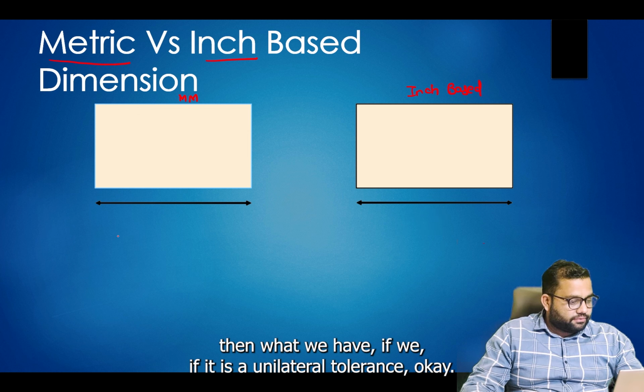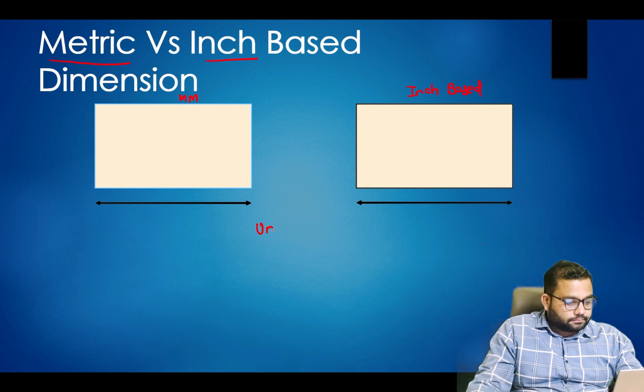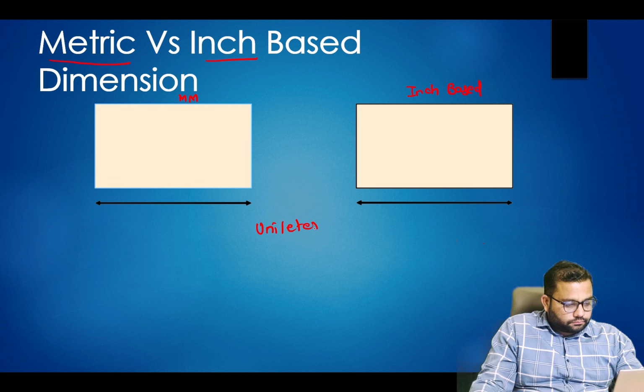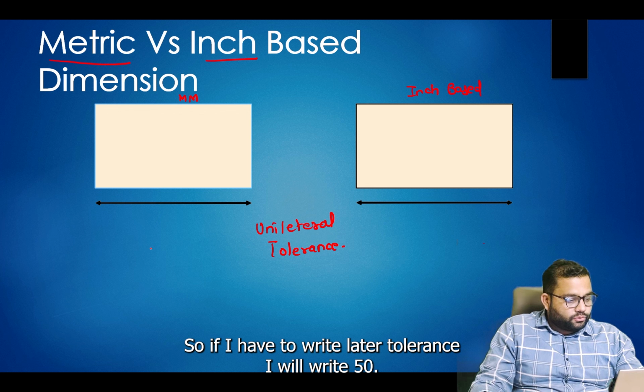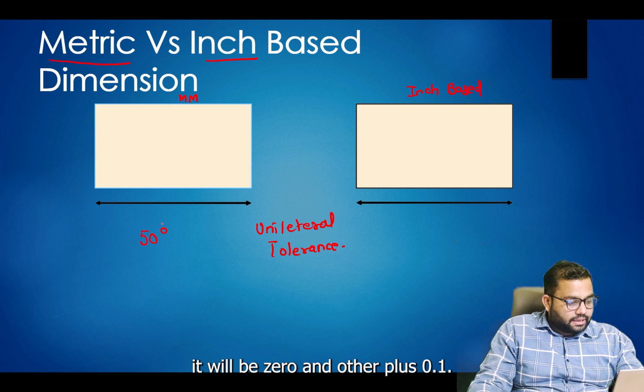Now, if we are using a unilateral tolerance, let's say unilateral tolerance. If I have to write a unilateral tolerance, I will write 50. In this case, unilateral means on one side it will be 0 and on the other side plus 0.1.